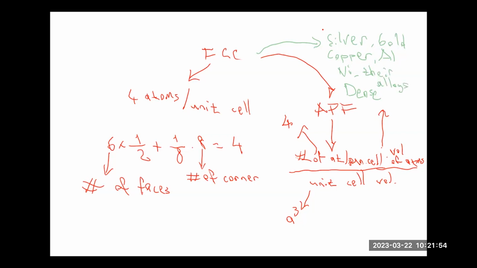And if you think pure silver, pure gold, think about the pure gold, like the quarter of the gold. Is it a hard material or can you easily bend it? Is it a soft material?